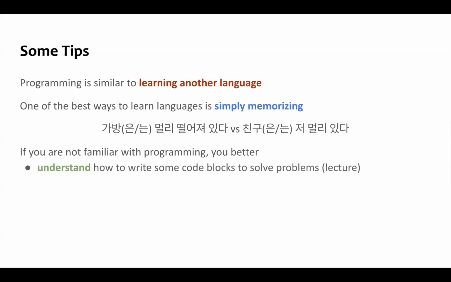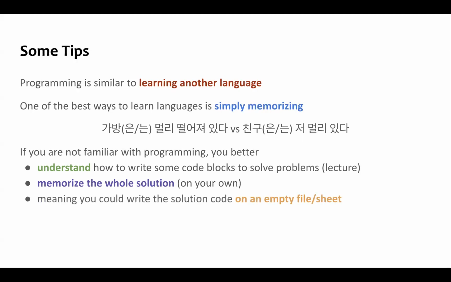First, understand how to write some code blocks to solve problems. So I will discuss this in lectures. And if you cannot write those concepts on your own, then memorize the whole solution, code blocks, right? And memorizing the whole solution means you could write the solution code on an empty file or sheet.